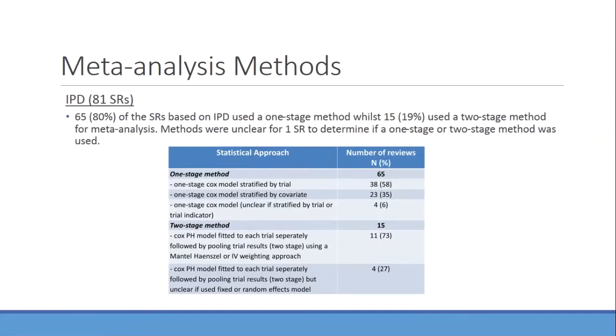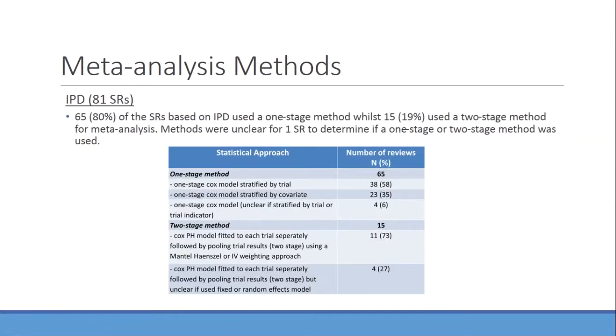For the IPD studies, 80% of the systematic reviews based on IPD used a one-stage method, whilst 19% used a two-stage method. And the methods were unclear for one of the systematic reviews to understand whether a one-stage or a two-stage method was used.